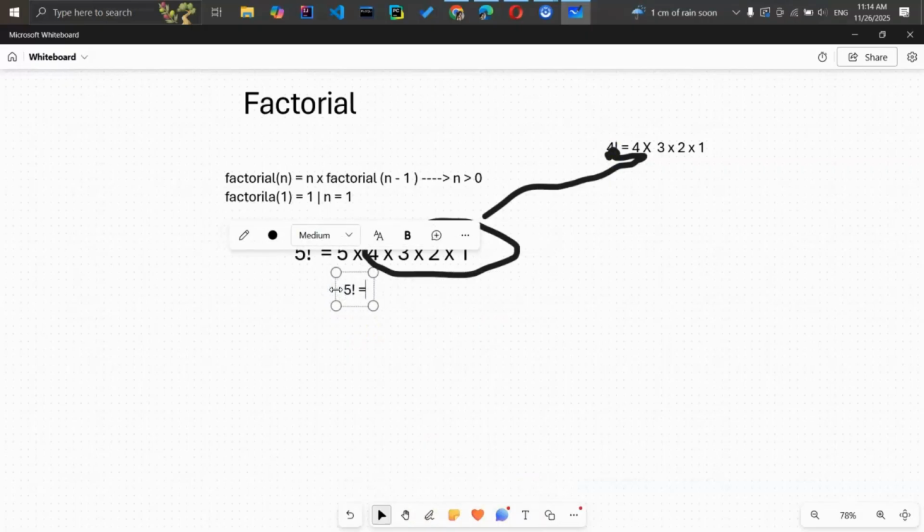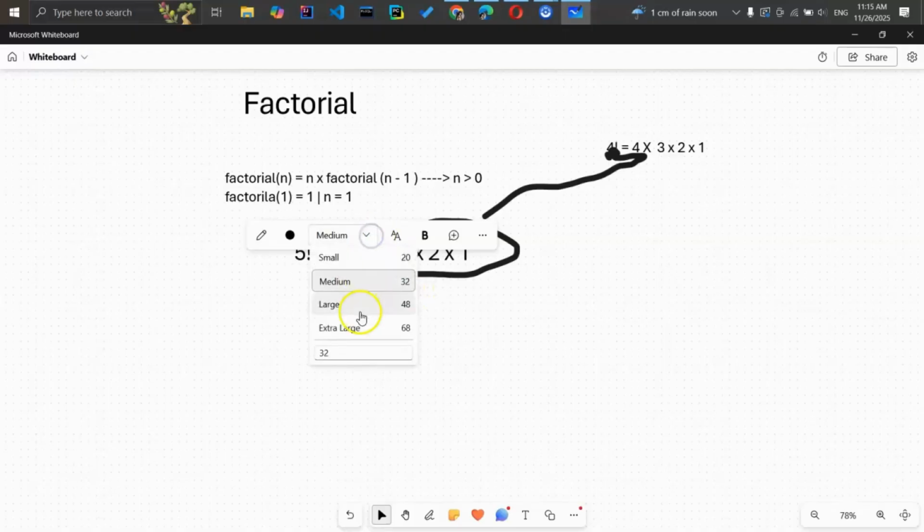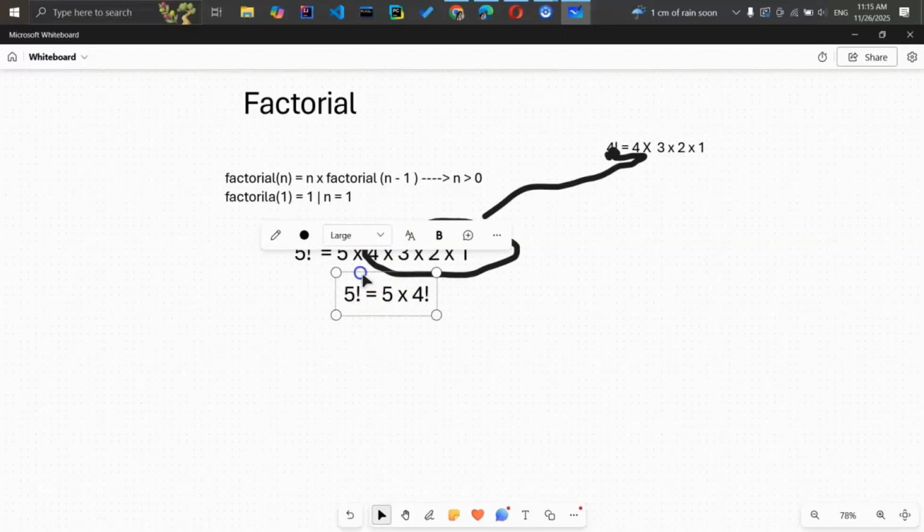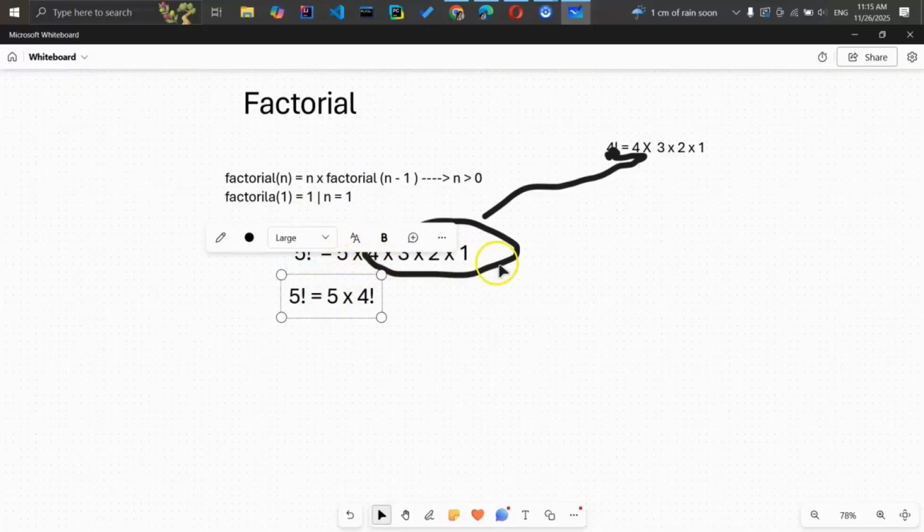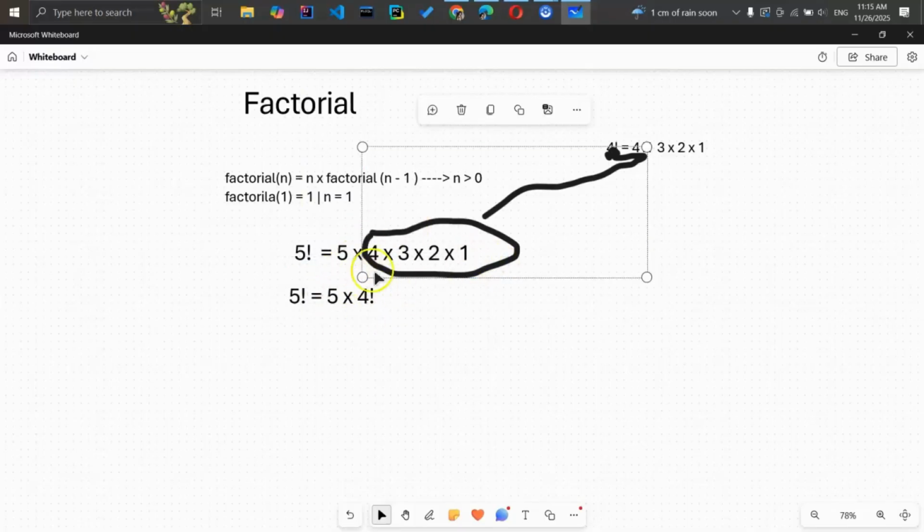Factorial 5 equals to 5 times 4's factorial, right? We can represent this like this, right?